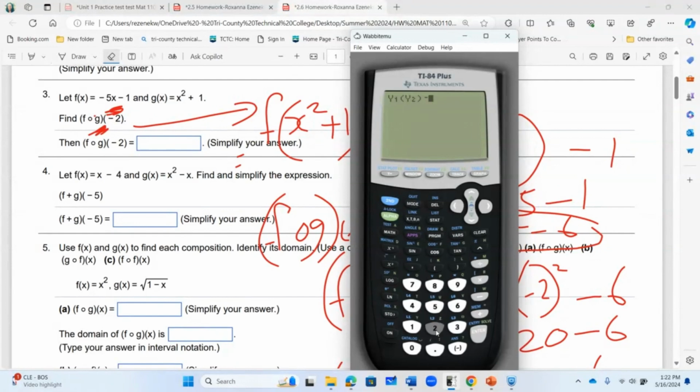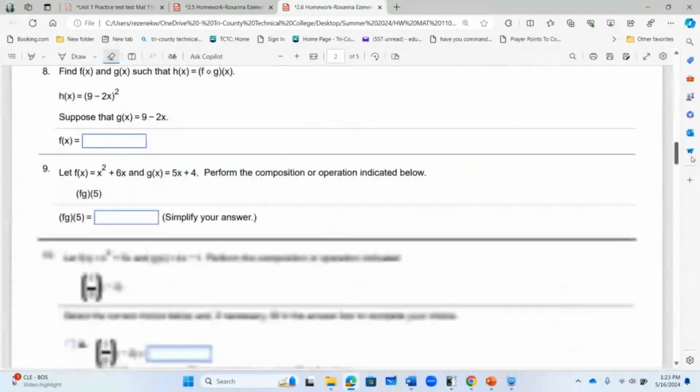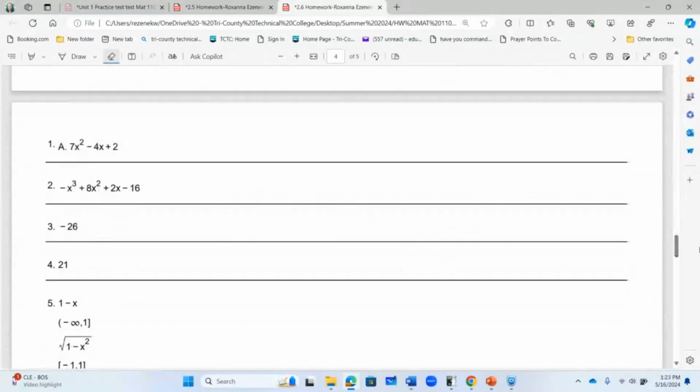Evaluated at -2 is not supposed to be this one. So I'm just going to look at this question, number 3. Note that every question has answers there. So actually, the one I did by hand is better. The one we did by hand is the correct answer.